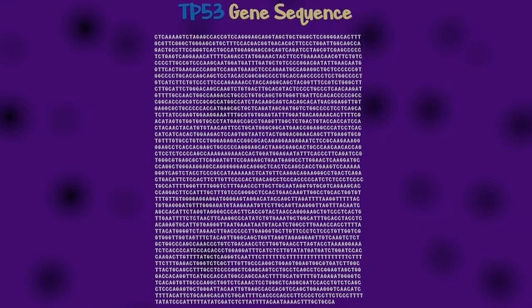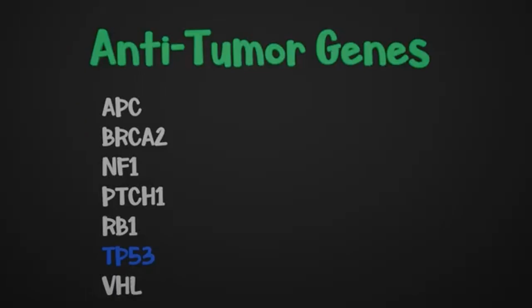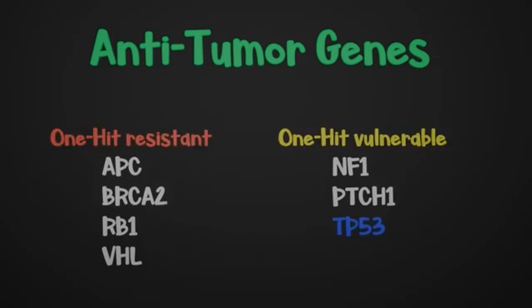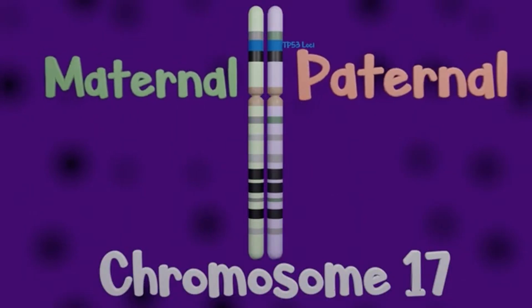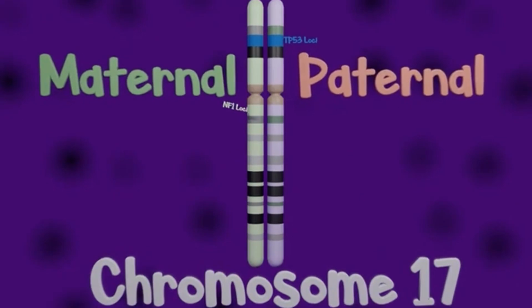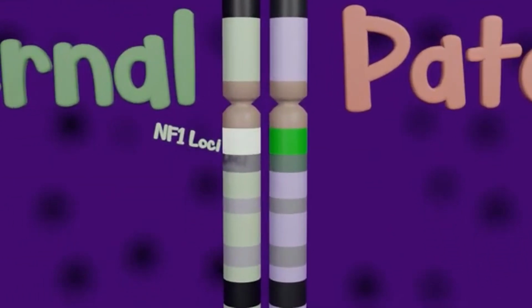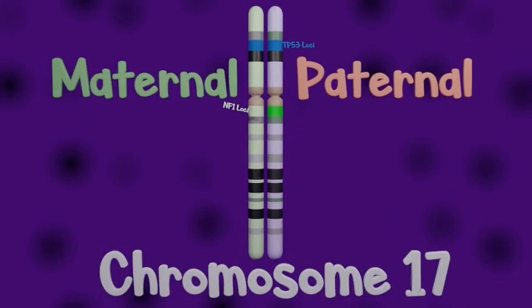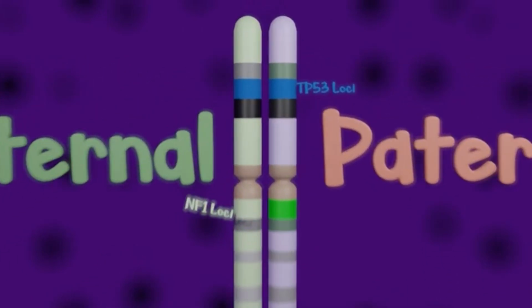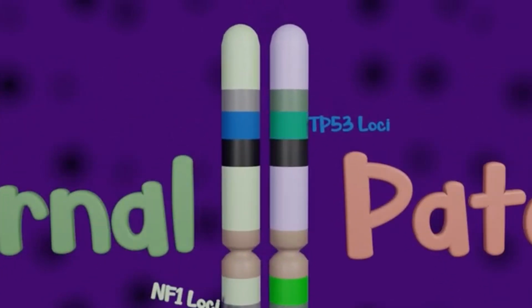This gene is not the only defense our cells have against cancer. There are others. But strangely, it seems it's much more susceptible to mutation. We have 2 copies of every gene. For most of the tumor-suppressing genes, a mutation in one will not disrupt the other. But, in what appears to still not be a fully understood mechanism, a mutation in a single TP53 gene silences or disrupts the functioning of the other.